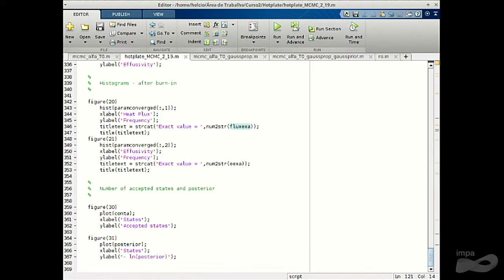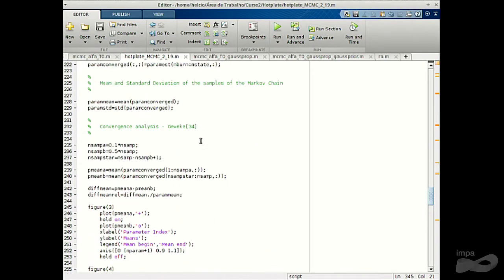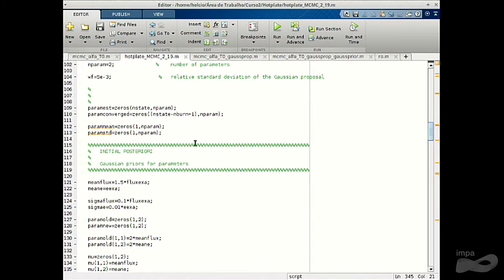All right. So now let's do something different here, okay? Let's consider that we know the flux very well. And we don't know the effusivity, okay? We may even say here that we have maybe 3 times the exact value of the effusivity, okay?